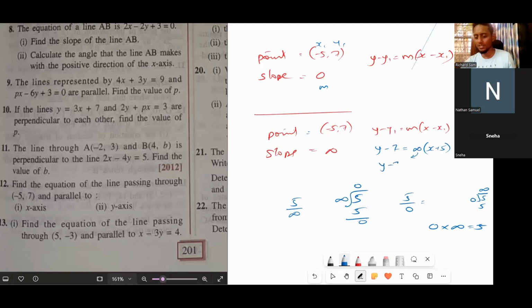So we'll have y minus 7 divided by infinity is equal to x plus 5. Okay, understood? So what is anything divided by infinity? 0. So that's how we have 0 is equal to x plus 5. That's your equation, right? So remember this thing here.